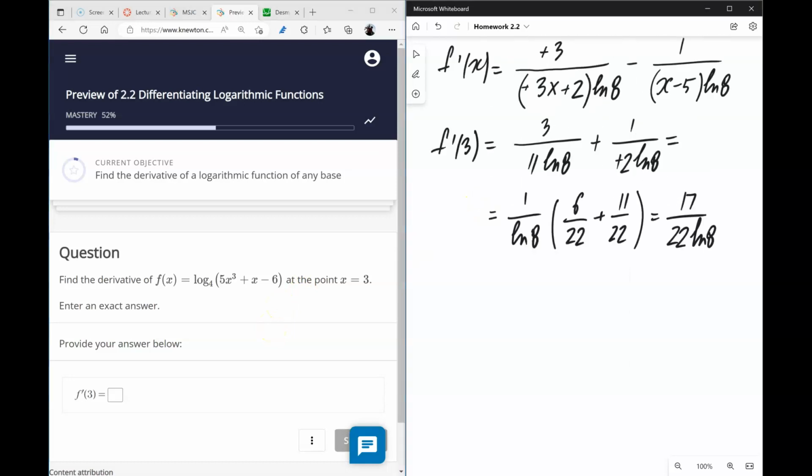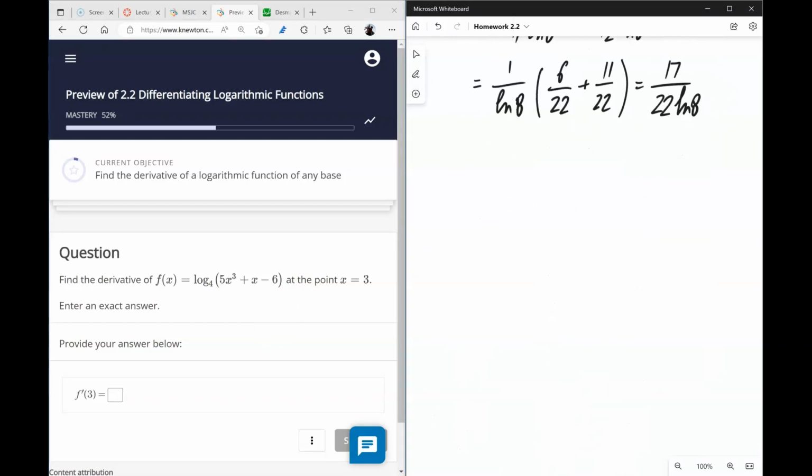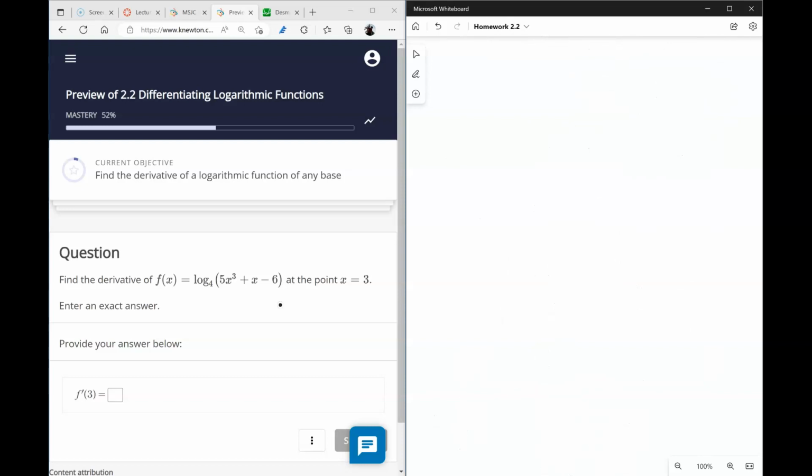Similar problem. This was number 10. This is going to be 11. We have evaluating the derivative at 3, and the function is log base 4 of 5x cubed plus x minus 6.